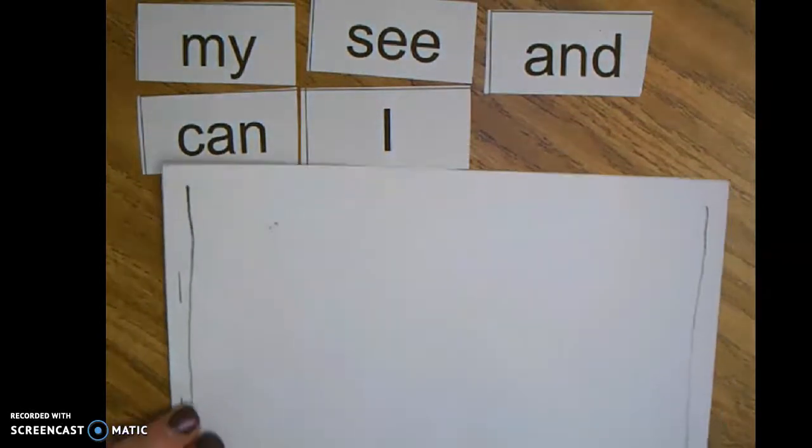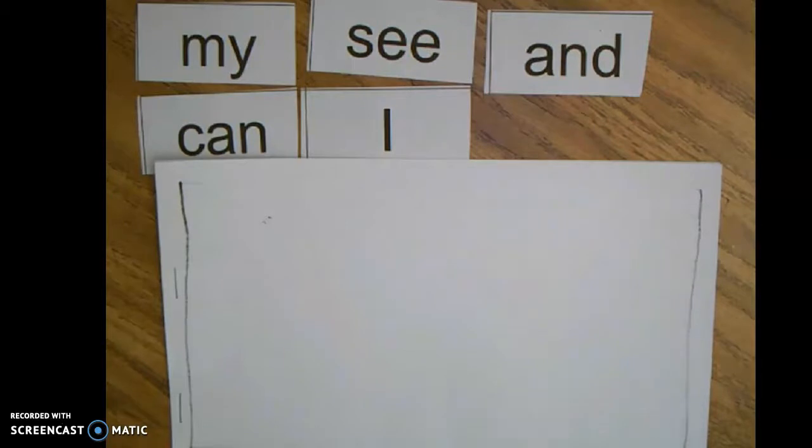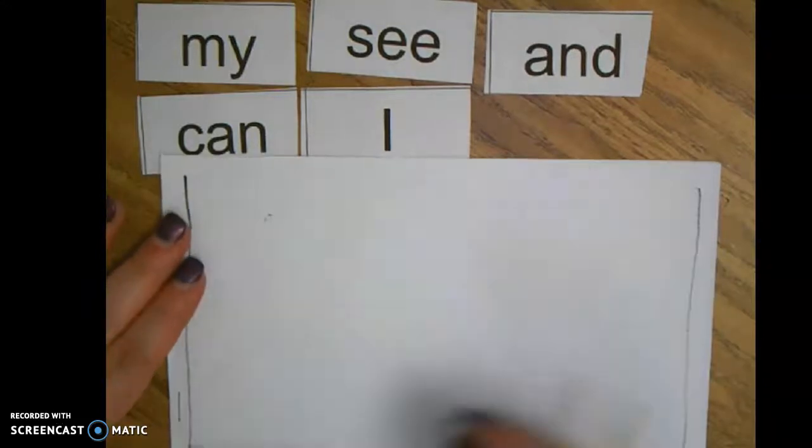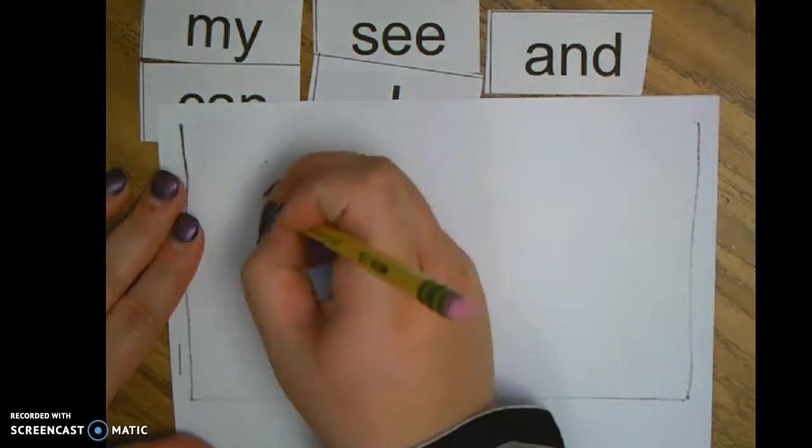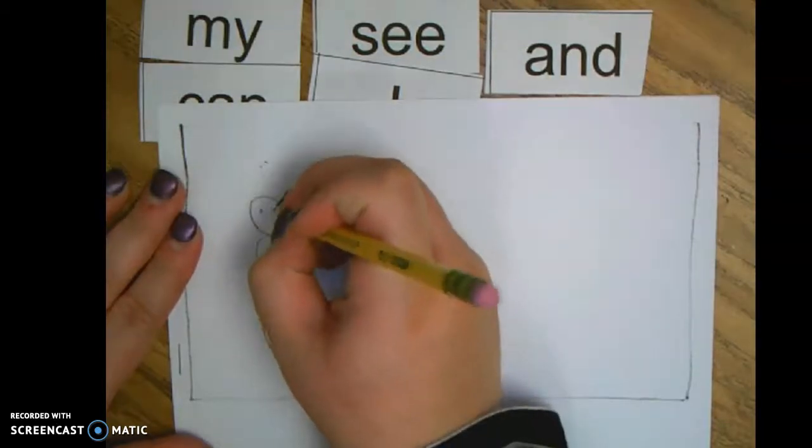And so on this first page, I'm going to think about the sentences that I want to talk about in my book. Okay, so on this first page, when talking about my family, I'm going to write about my mom and my dad. Okay? So I'm going to draw a picture of my mom and dad.